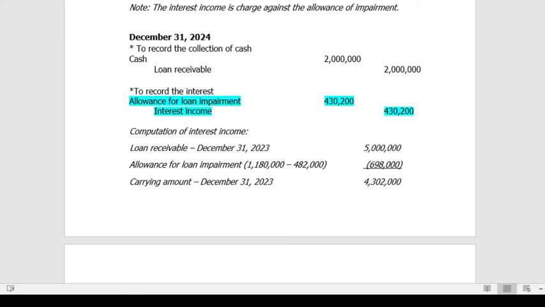Sir, bakit kailangan pang mag-recognize ng allowance for loan impairment at hindi na lang intayin na ma-earn yon? Because, di ba, one principle in financial accounting is yung prudence and conservatism. Paano kung hindi yan makolekta? You expect for the worst.